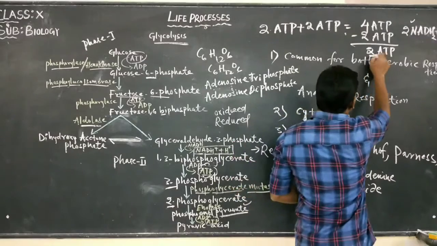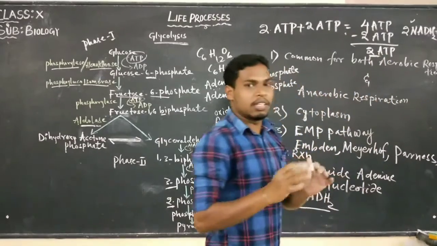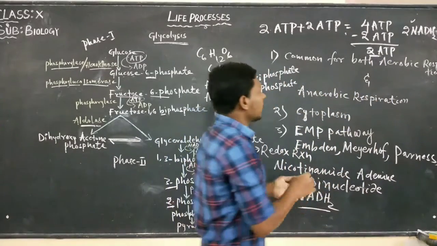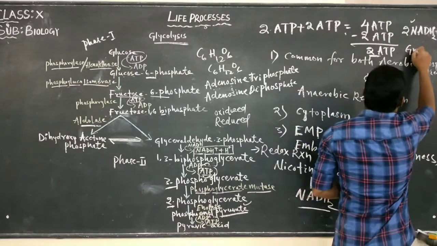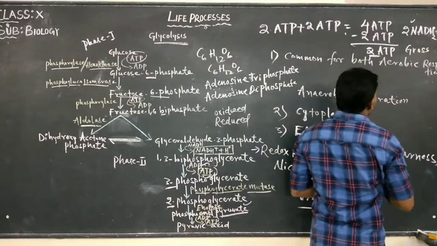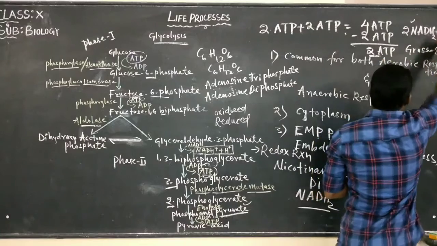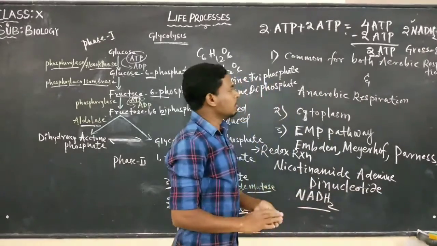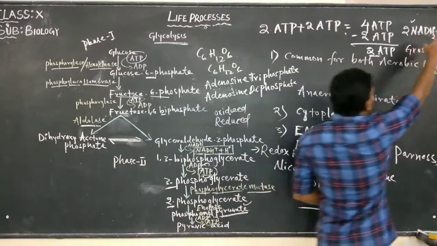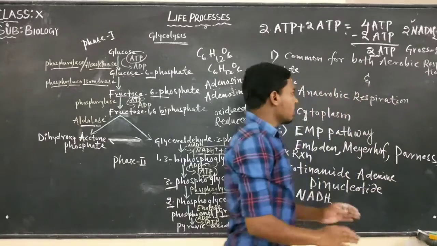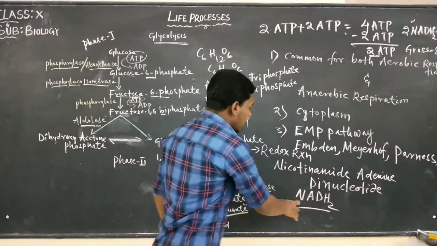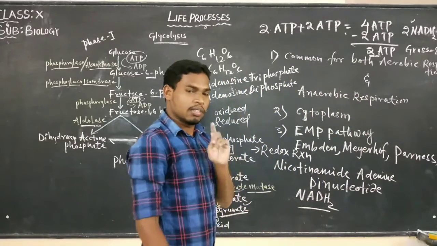Now what we need to keep in mind is, in this reaction the total net amount of ATP is 2 ATP, and the total gross amount of ATP is 8 ATPs. 2 plus 6 is 8 ATPs, and these 6 ATPs formed from NADH2 are not used immediately.